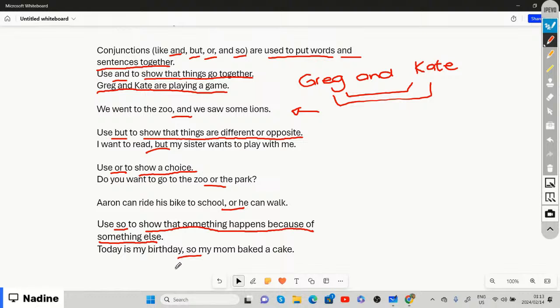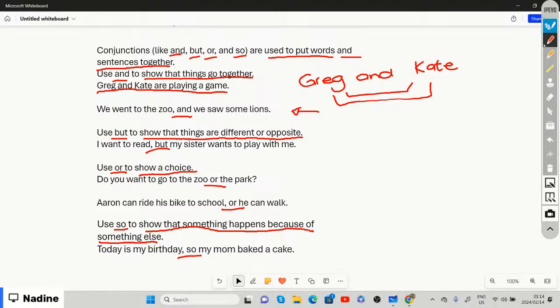Since it's this person's birthday, her mom baked her a cake. Today is our outing. So my mom bought us snacks, right? Which means that we use the word so to show that something happens because of something else.